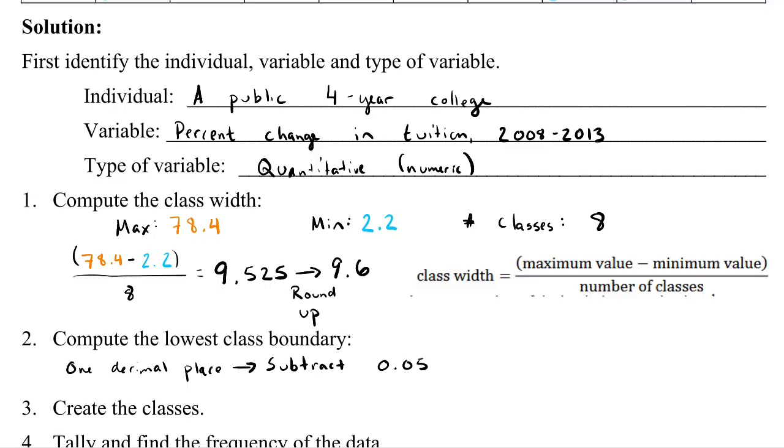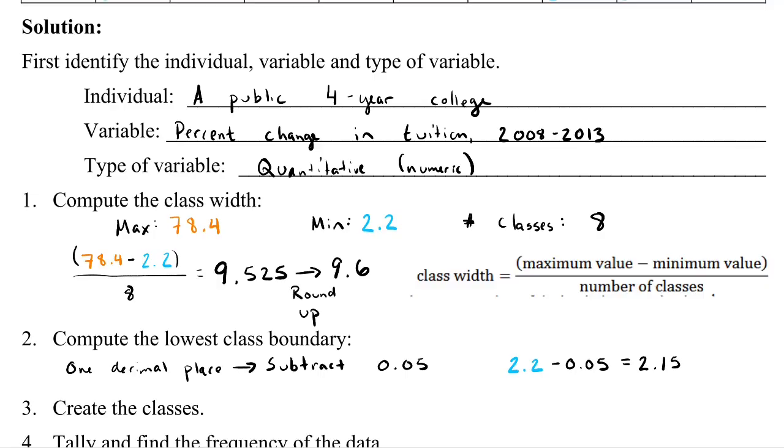So we want a 5 in 1 place beyond the data. We'll take our minimum value, subtract 0.05, and that'll give us our lower class boundary of 2.15.